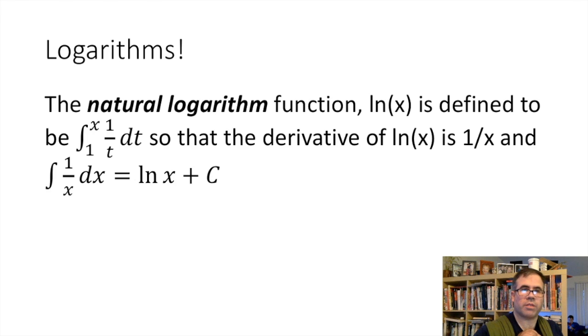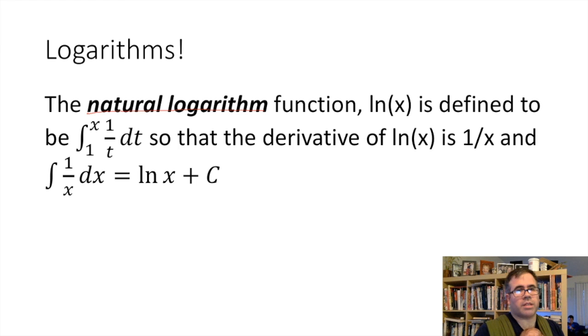More specifically, we are here going to define the natural logarithm function. We're going to say the natural logarithm function, which we write as ln of x, is defined to be the integral from 1 to x of 1 over t dt. So that the derivative of ln of x is 1 over x, and the indefinite integral of 1 over x dx equals ln of x plus some constant.